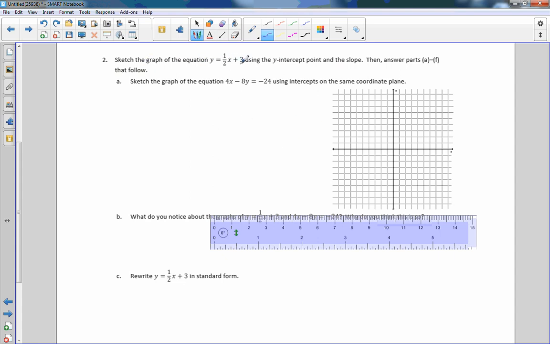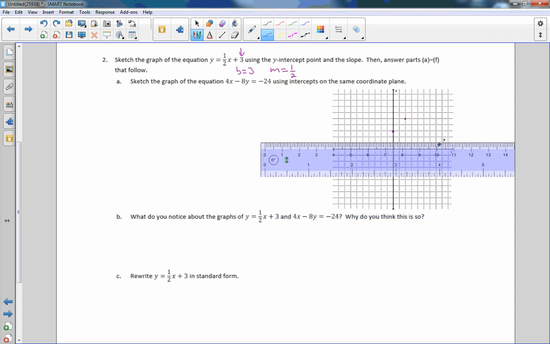Sketch the graph of the equation y equals 1/2 x plus 3 using the y-intercept point and the slope. Okay, so my y-intercept, which is b, equals 3. That's right here. And my slope equals 1/2, which means rise 2, run 1. So I plot my 3 first, 1, 2, 3. So this is b equals 3, or 0 comma 3. And then it says to go up 1, right 2. So I go up 1, right 2, and I put a point there.